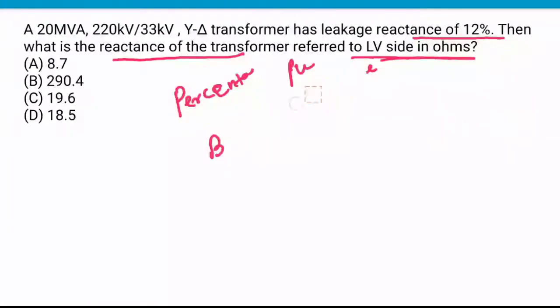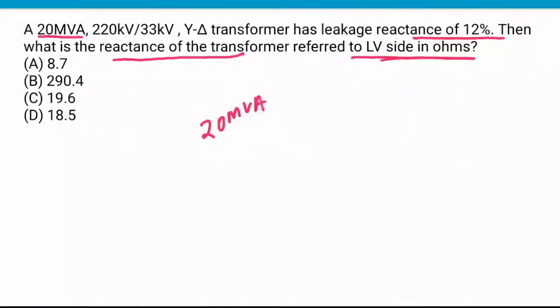So here the data given 20 MVA, this is for 3 phase, and for single phase this will be 20 by 3 MVA. And now per phase impedance in LV side reference to the base.